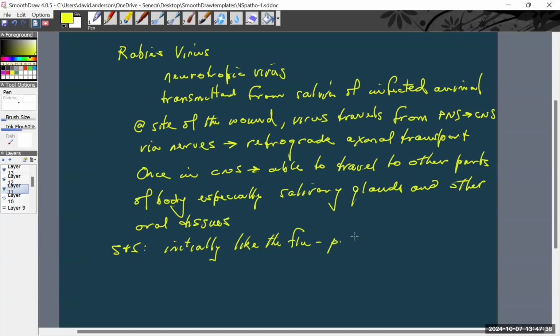But the concern is that it's going to progress. So once the cerebral pathology starts to present, you might see things like agitation, behavior changes, agitation, progresses to delirium.